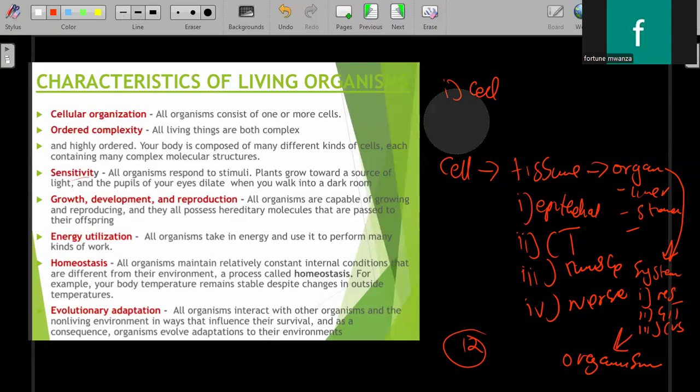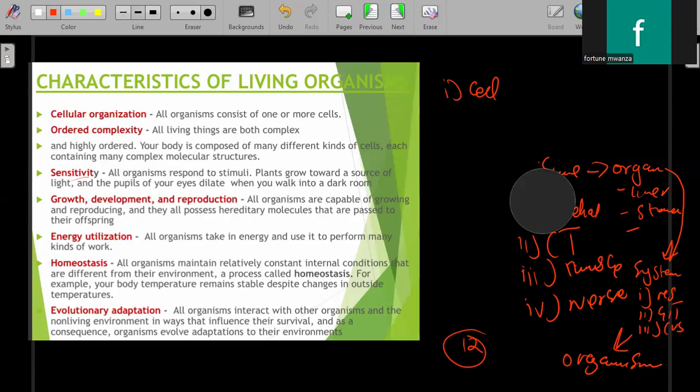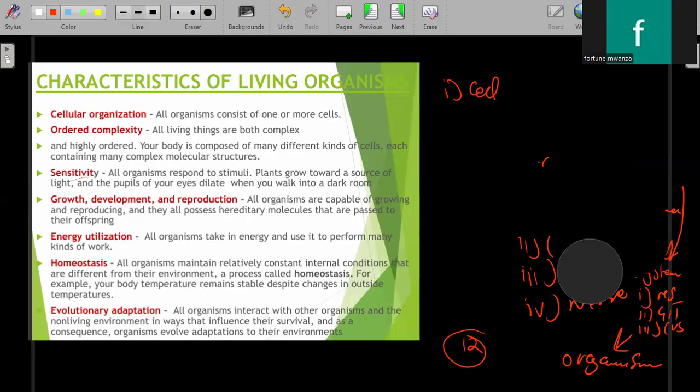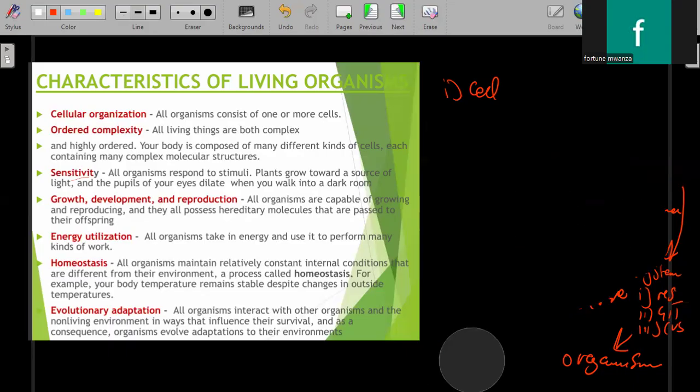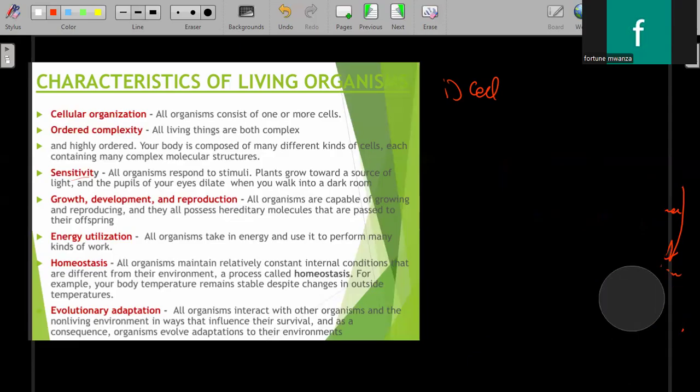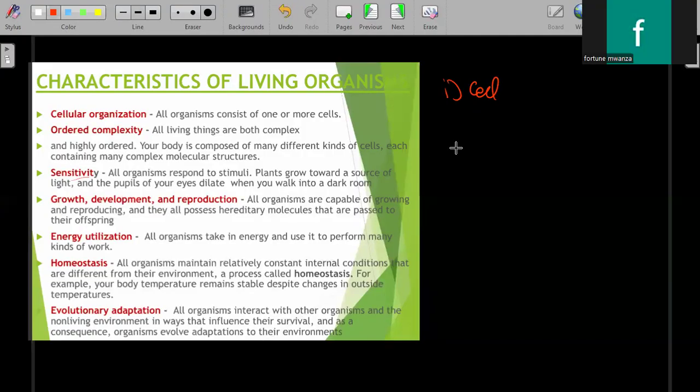They use energy to perform some functions. Then they are able to maintain internal body conditions. That is called homeostasis, the maintenance of internal body condition. They are also able to adapt. Those are some of the characteristics of a living organism.